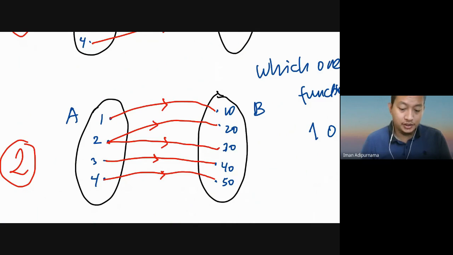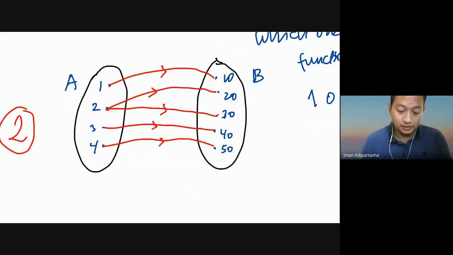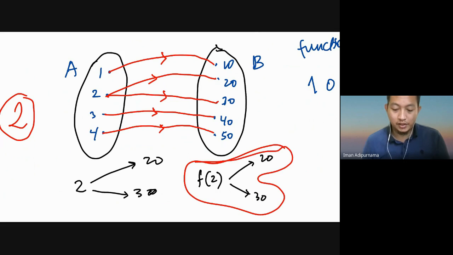But in number 2, element 2 is going to 20 and 30. Can that happen?